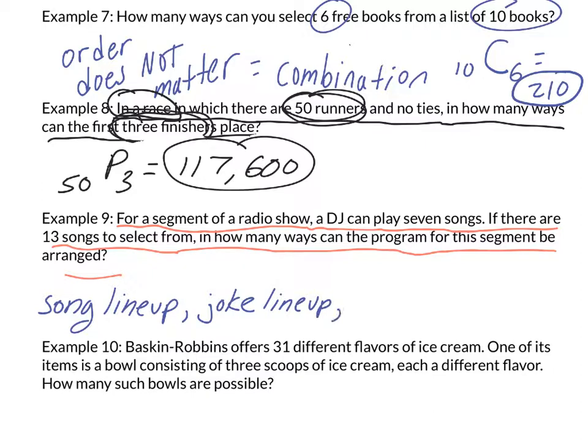Or if it's a lineup of TV shows that a certain station is going to play, or you're going to play on Netflix. So I'll just call this any type of an entertainment lineup, or bands are going to play at a concert, and you're going to pick out a handful of the bands to perform at this concert. So any type of entertainment lineup, surprisingly, order matters.